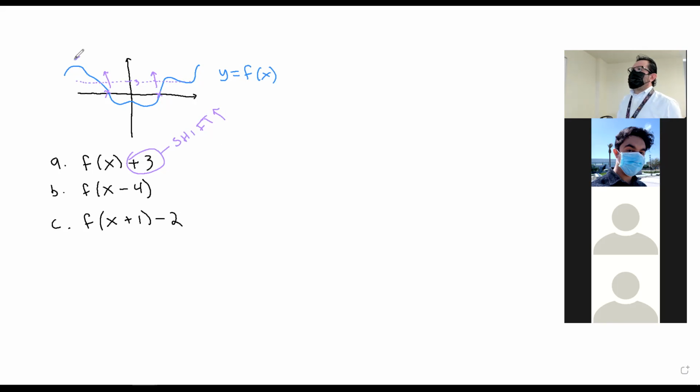So now what we would have is something like this. Okay, so we took the 2 reference points that we know are at 0. Now those 2 reference points have to be 3 units up.